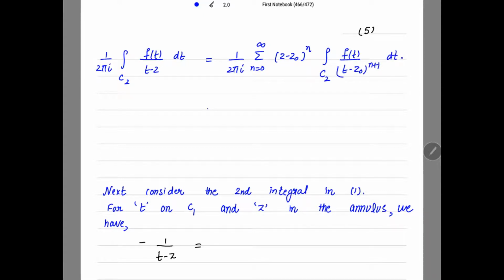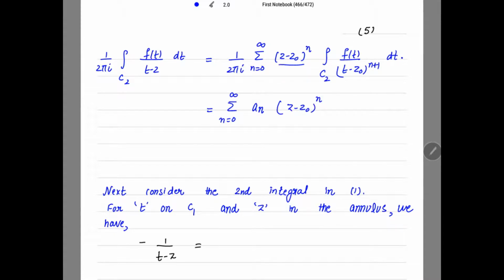Fine. This is equal to summation n going from 0 to infinity. I take this 1 over 2 pi i, f of t over t minus z naught to the power n plus 1, the whole as my coefficient a n, which is the coefficient of z minus z naught to the power n.